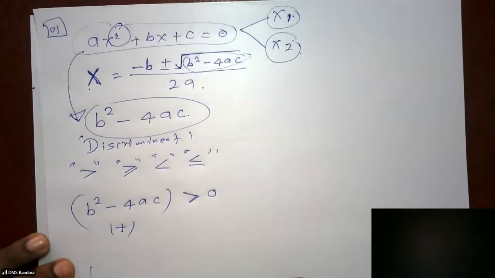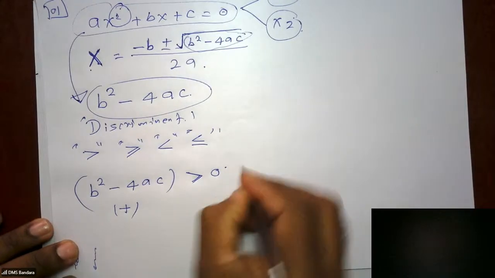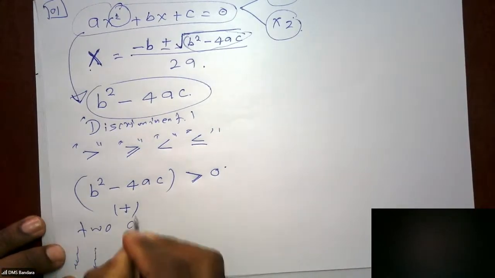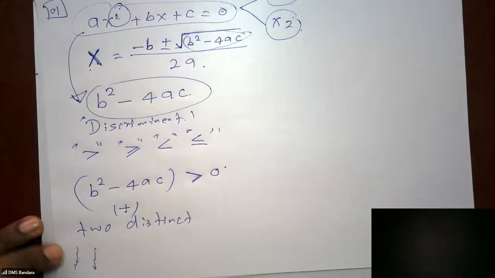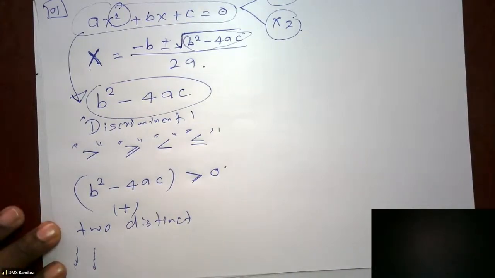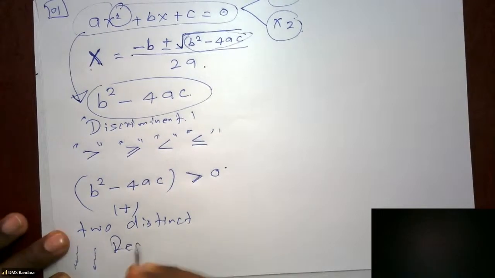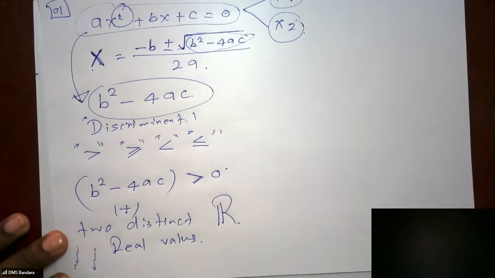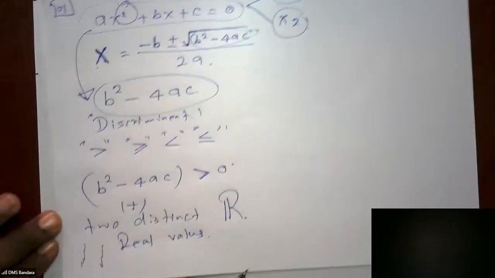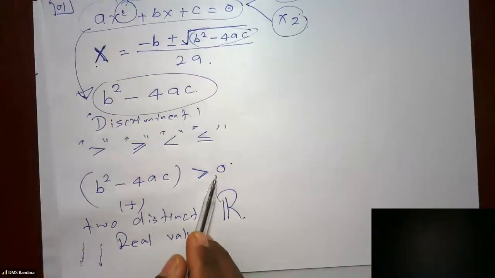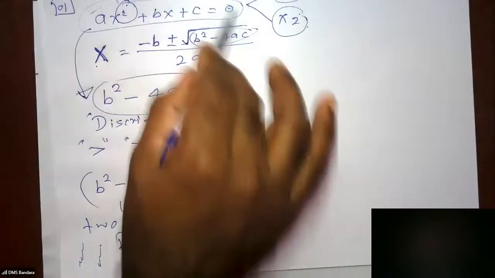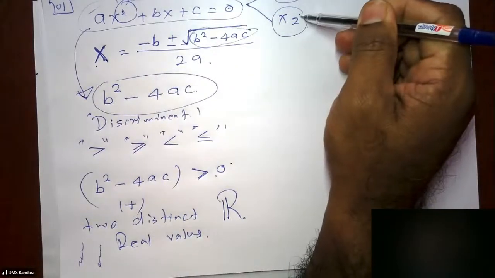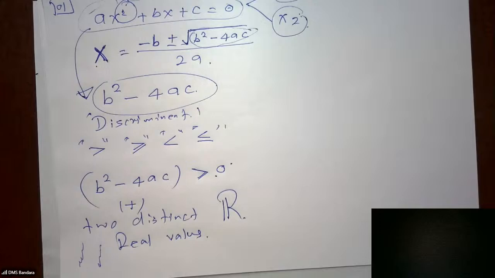So we can say this quadratic equation has two distinct, meaning two separate, real values. Real values, normally we write real as R, right? If the discriminant is greater than 0, the quadratic equation has two distinct real values, two different real values.